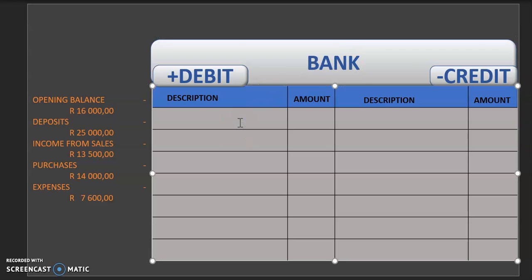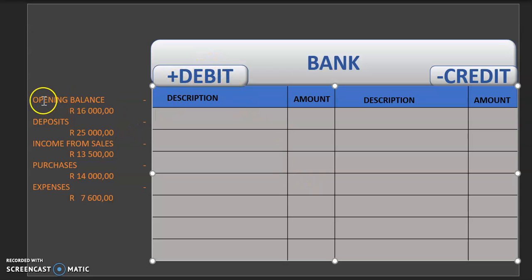So let's speak about your opening balances. You can have two kinds of balances, especially when it comes to bank. You can have a negative balance or a positive balance. So how do you record such a transaction? If it's a negative, it goes on your negative side. If it's positive, it goes on your positive side.